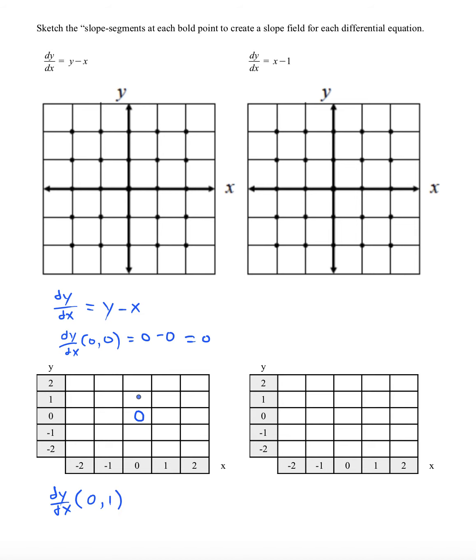That would be the space above the origin. We're going to get 1 minus 0, which is 1. So we want to put a 1 there. And we would continue to do this just like we had done for other multivariable functions, until we can fill in the table.